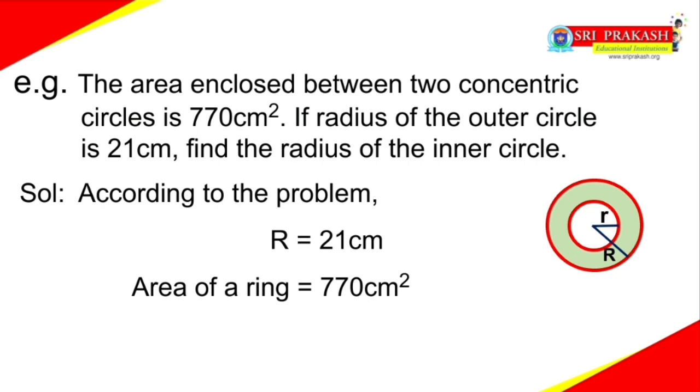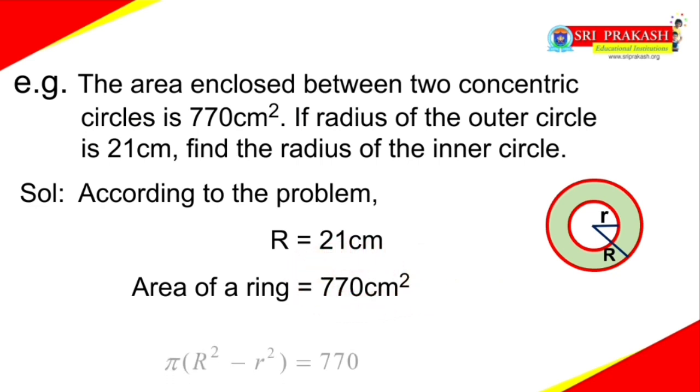Children, what is the formula to find the area of a circular ring? Yes, it is pi into capital R square minus small r square. Now, let us equate it with 770 centimeters square.